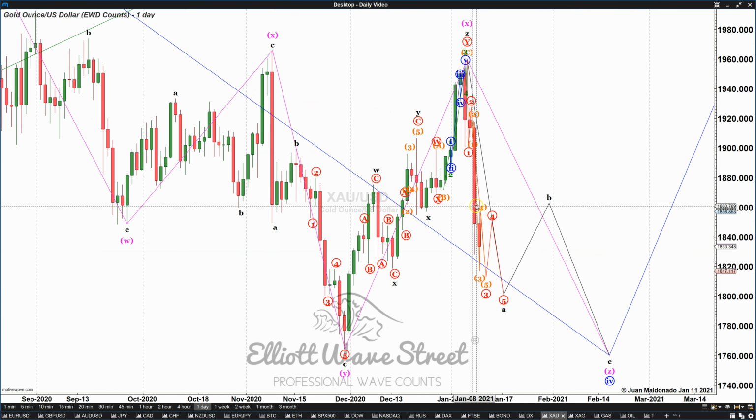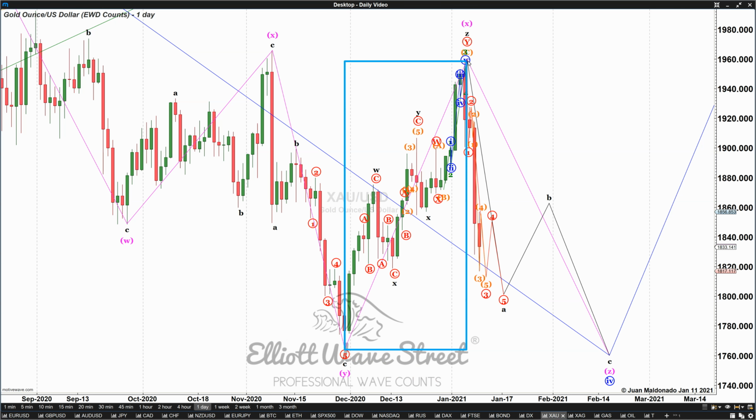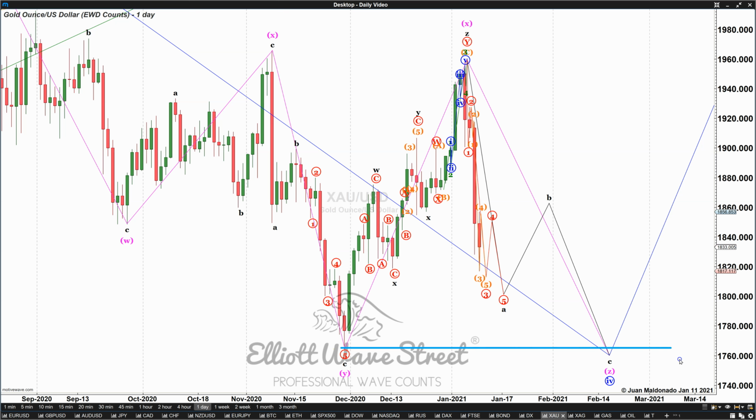Gold, we have been looking for the top of the market. I have been working with the plan of having this leg up as corrective, all this leg to the upside, and now we need to have a leg down. So right here is my minimum target, 1760.